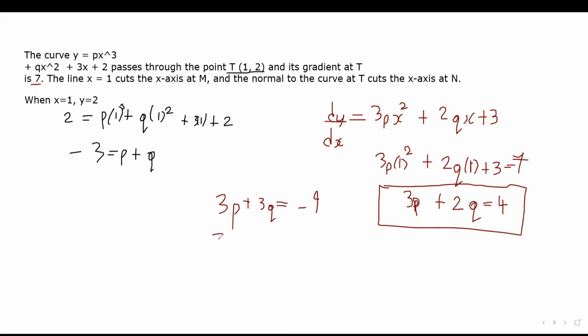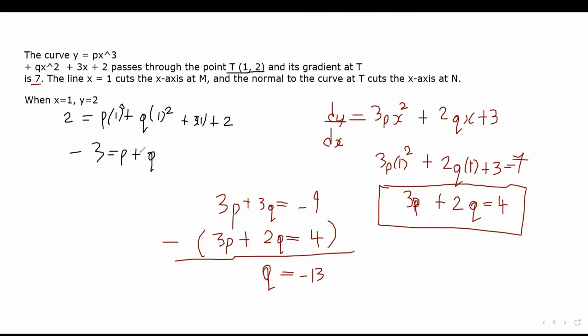And this right here is 3p plus 2q equals 4. So all we need to do now is subtract these two equations. By subtracting, we get 3q minus 2q, that is just q, and then -9 minus 4, that's -13. So that gives us q.